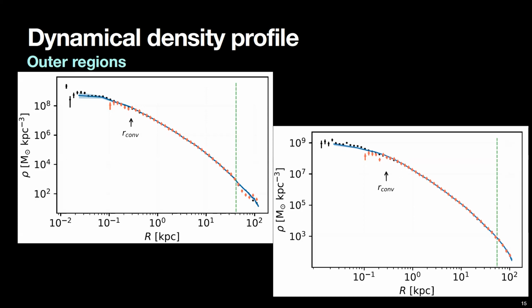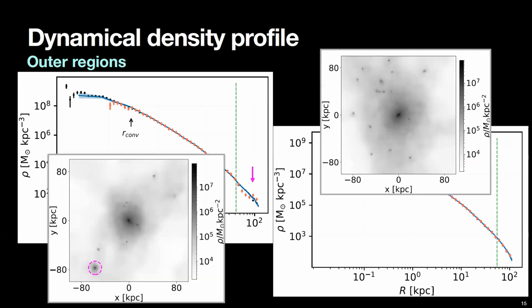And whether our dynamical estimate keeps agreeing or not with the bin estimates depends entirely on the types of substructures you have in the outskirts of your halo. So when you have large substructures in your outskirts, those will create a spike, a density excess in the outskirts of your halo, and your dynamical density profile will try to smooth that out because the particles are now spread across the orbits. So you will see some divergences here. And it's super interesting how this will affect the profile further in.